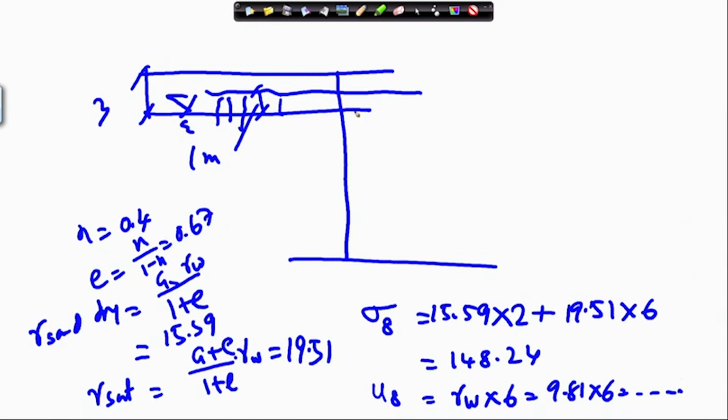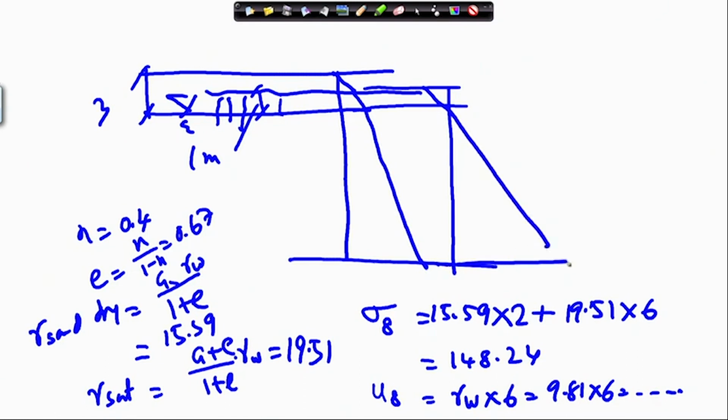So, your actual total stress diagram will be something like this, and when you draw the pore pressure or water pressure diagram, it will be something like this. So, this is not 6, it is 5 actually; this is 2 and 6, and this will be 5 because the water table is below 5 meter.